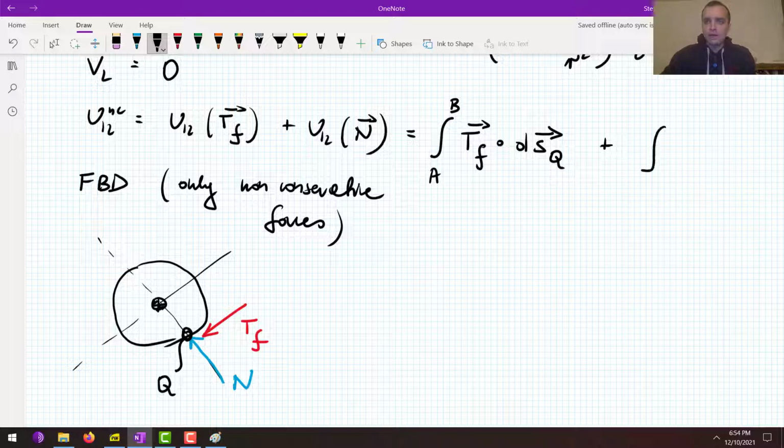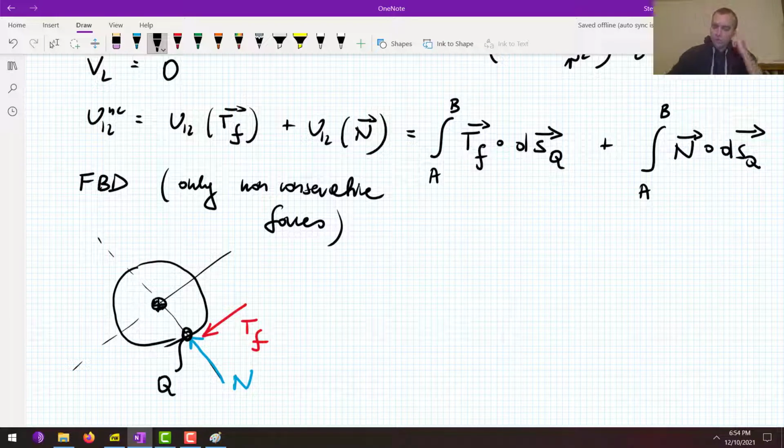And similar integral from some point A to exactly the same point B, of N times dsQ. I just would like to remind you guys that there is no slip at point Q.